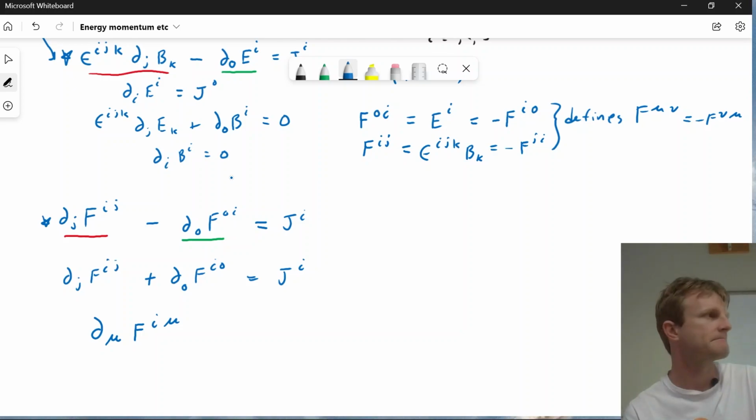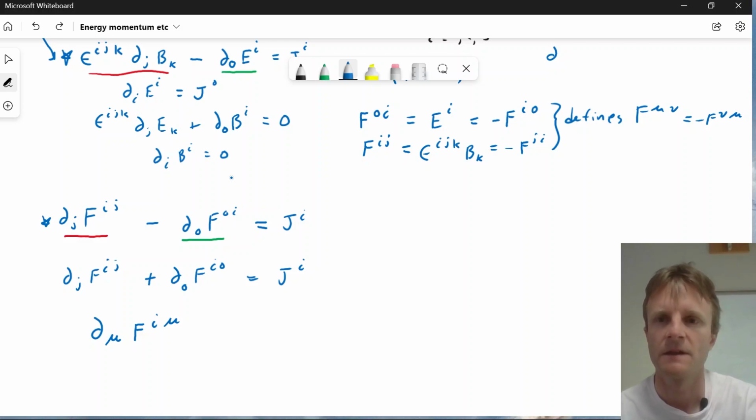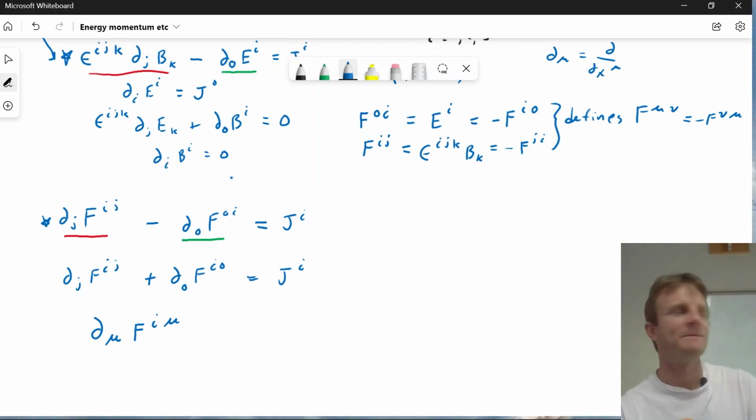The derivative is naturally downstairs. So the definition of d mu is d by d upstairs mu. I'm never going to lower the index on the coordinate, and upstairs mu means just t for x upstairs 0. So d downstairs 0 is just d by dt.